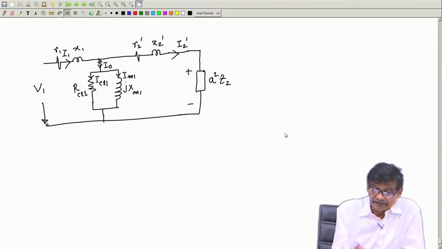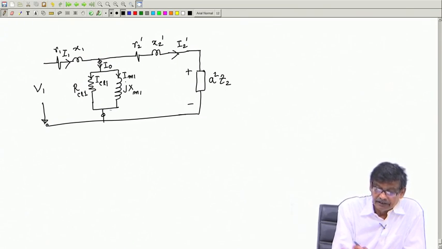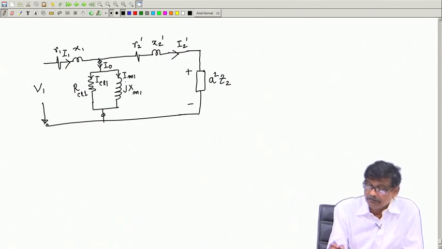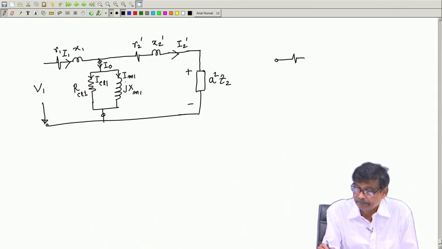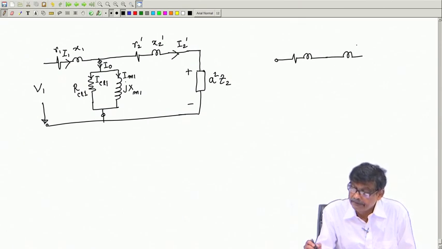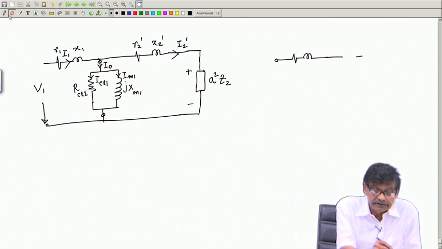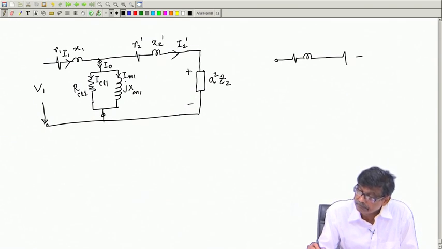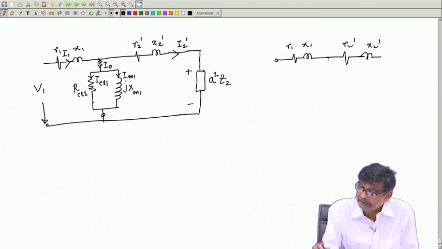Now, in this equivalent circuit, this branch has high impedance value compared to this. So, this branch I will first remove, I will not consider this branch. So, R 1 X 1 and R 2 dashed X 2 dashed, and this one I have removed.